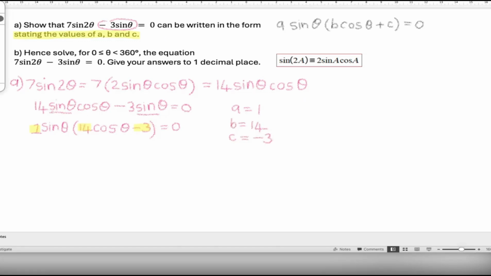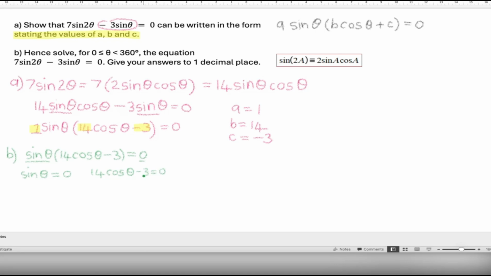Sine theta, inside the brackets, we have 14 multiplied by the cosine of theta minus 3 equals 0. So that is what we start with. So the sine of theta is equal to 0. We can see here, sine of theta outside the brackets is equal to 0, and the other part will be 14 cosine of theta minus 3 is equal to 0.